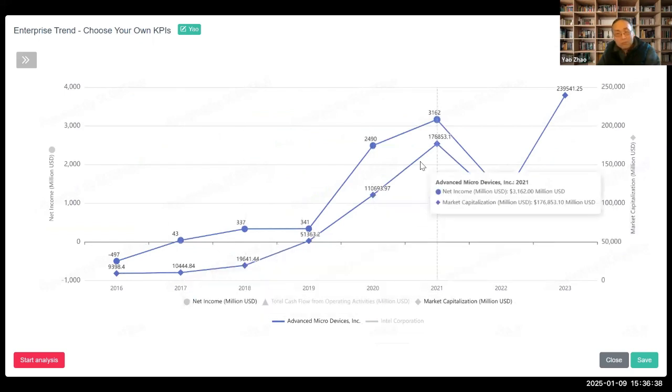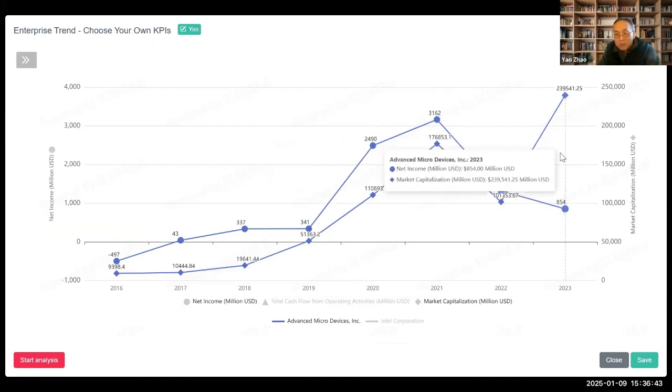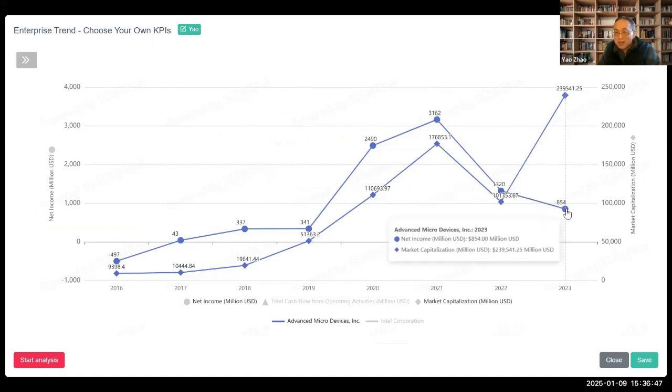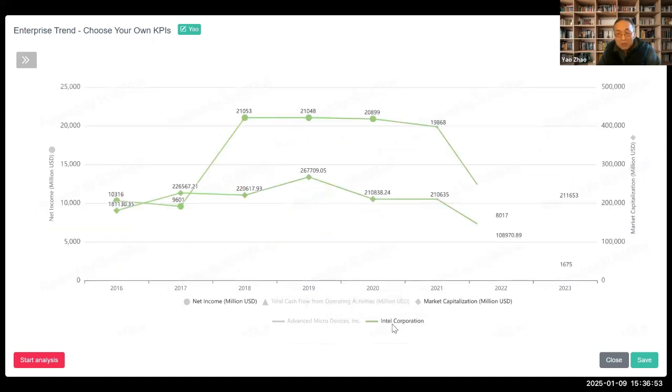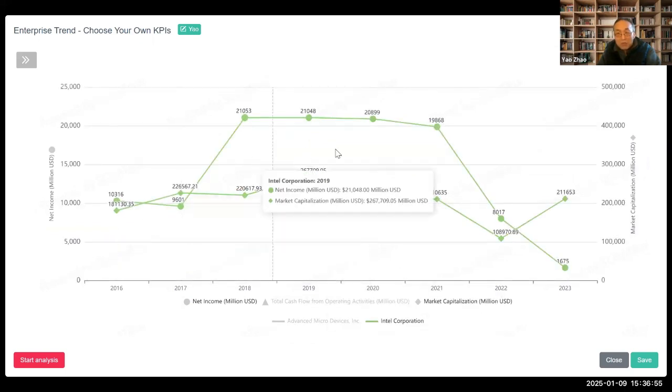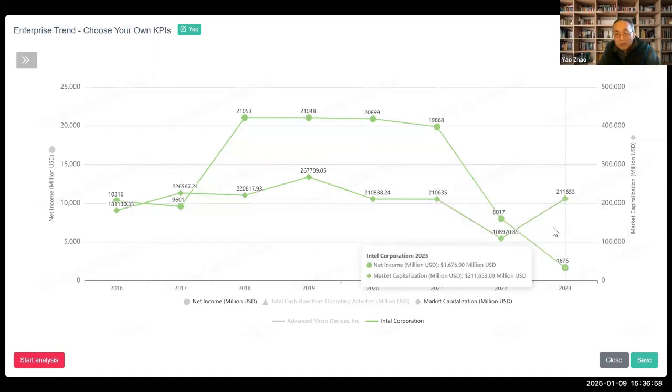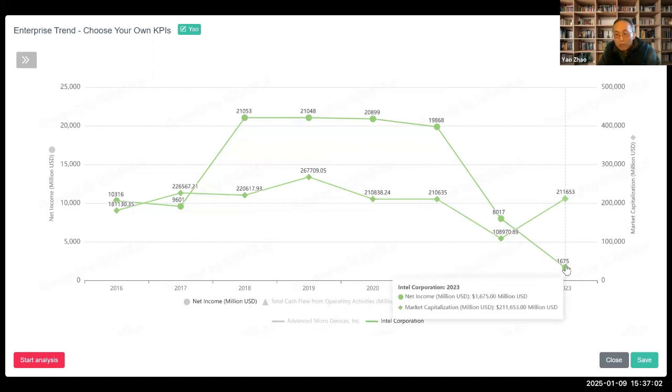You can see them moving closely together, correlations, except in 2023. Something is going on here. I think AMD is overvalued based on its financial performance. This is AMD, and here's Intel. Also moved quite closely together, except in 2023. Their net income reduced dramatically.